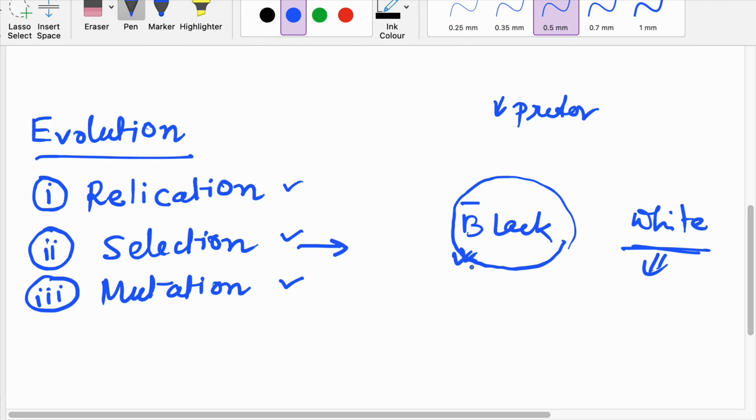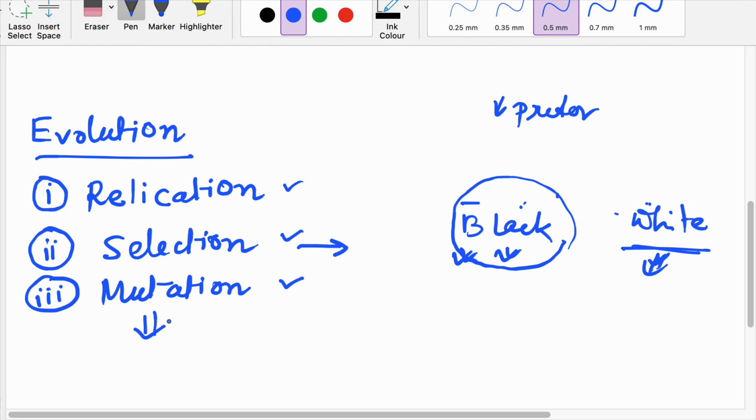And in the first place we need two types of mouse, one black and one white. So inside a species the variability is required, and this variability comes from the process of mutation. And why is the mutation there?